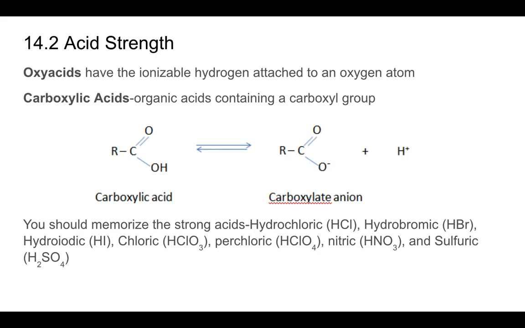Now, one example of an oxyacid is organic acids that contain this particular functional group called the carboxyl or carboxylic acid functional group. You have some carbons, and on the end of the chain of carbons, you have a carbon with a double bonded oxygen and a single bonded O, single bonded to an H. So you have a double bonded O and an OH.